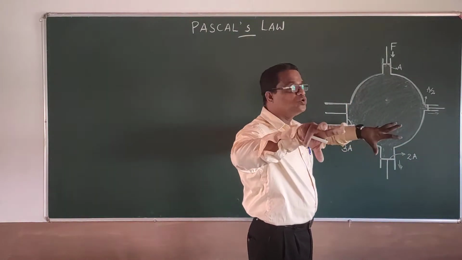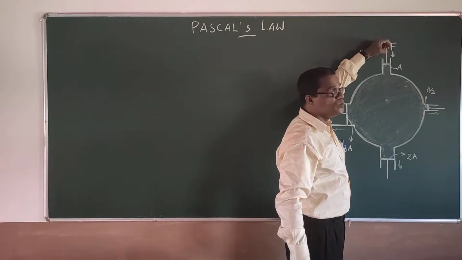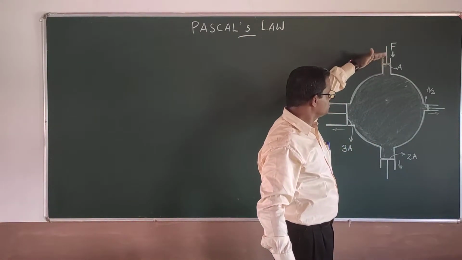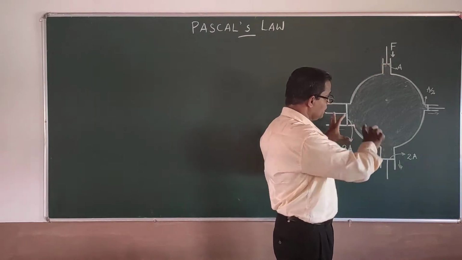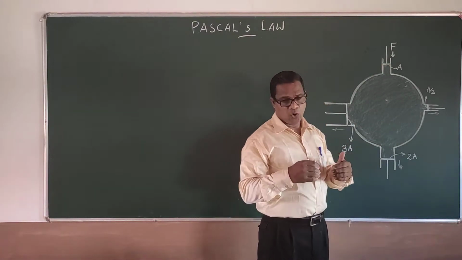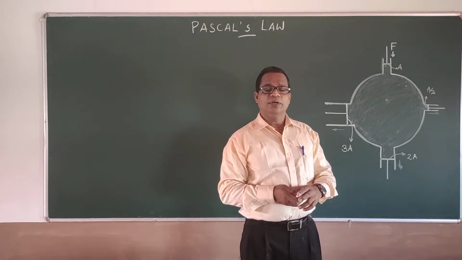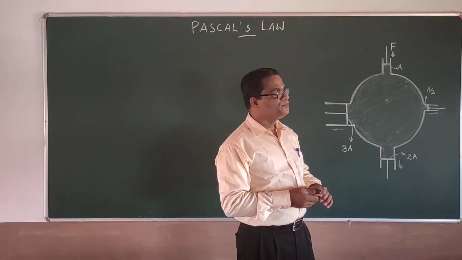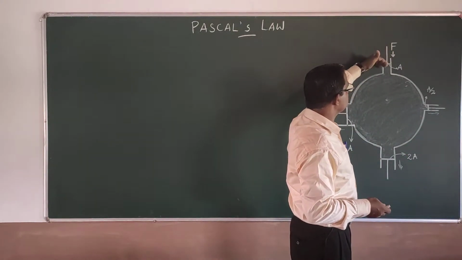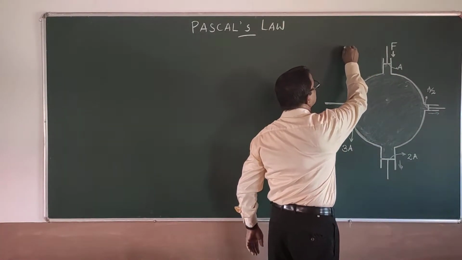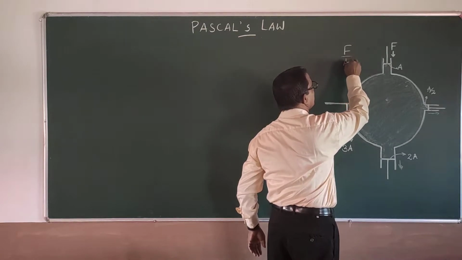They will be pushed outward when you apply force at this particular point. This piston will be going down, and accordingly all other pistons will be moving outward. As we apply a force here, a pressure is created here that is equal to F by A.